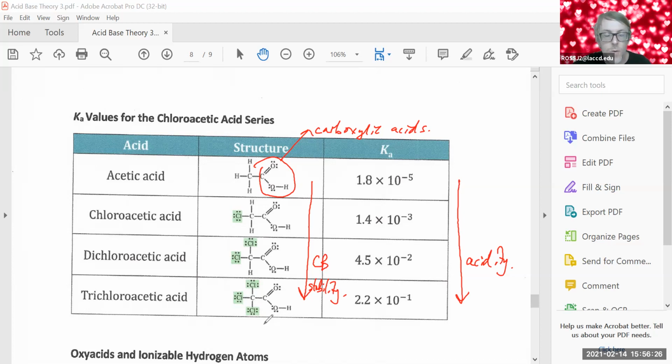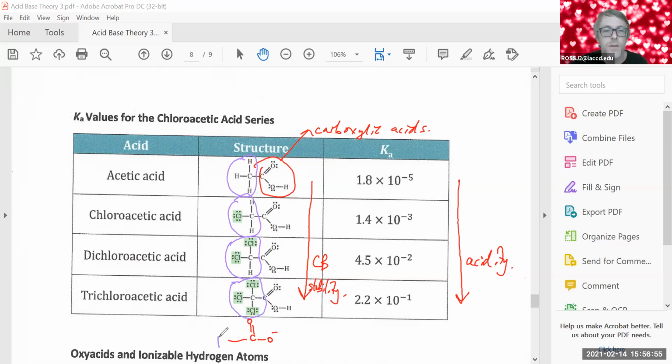Yeah, so for example, when we have the conjugate base here, let's say that all this stuff in purple, whatever it might be, it changes for each one.